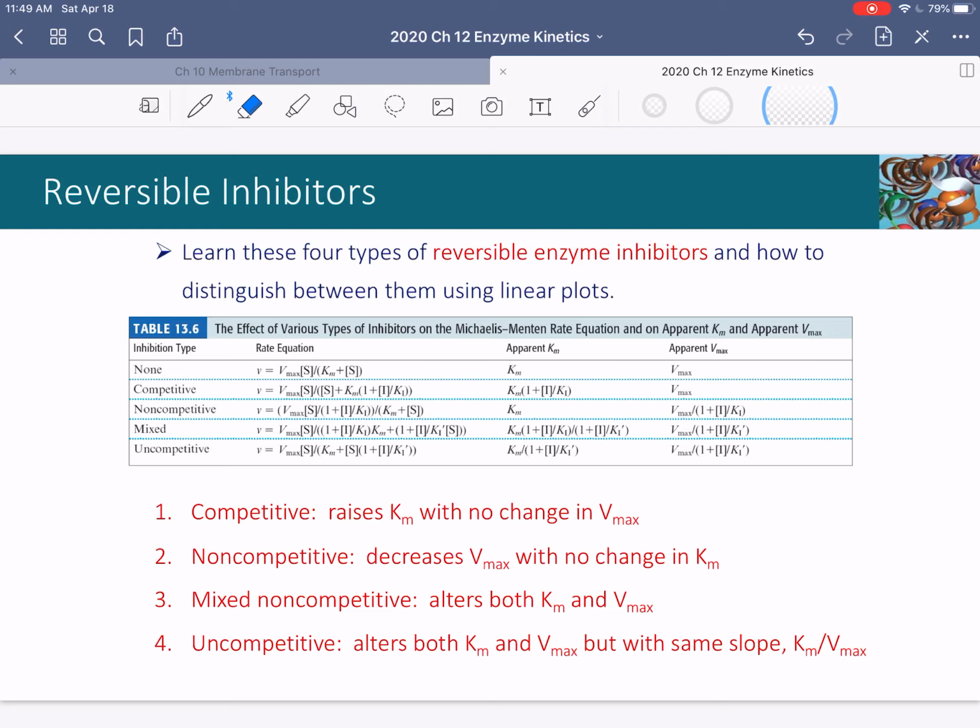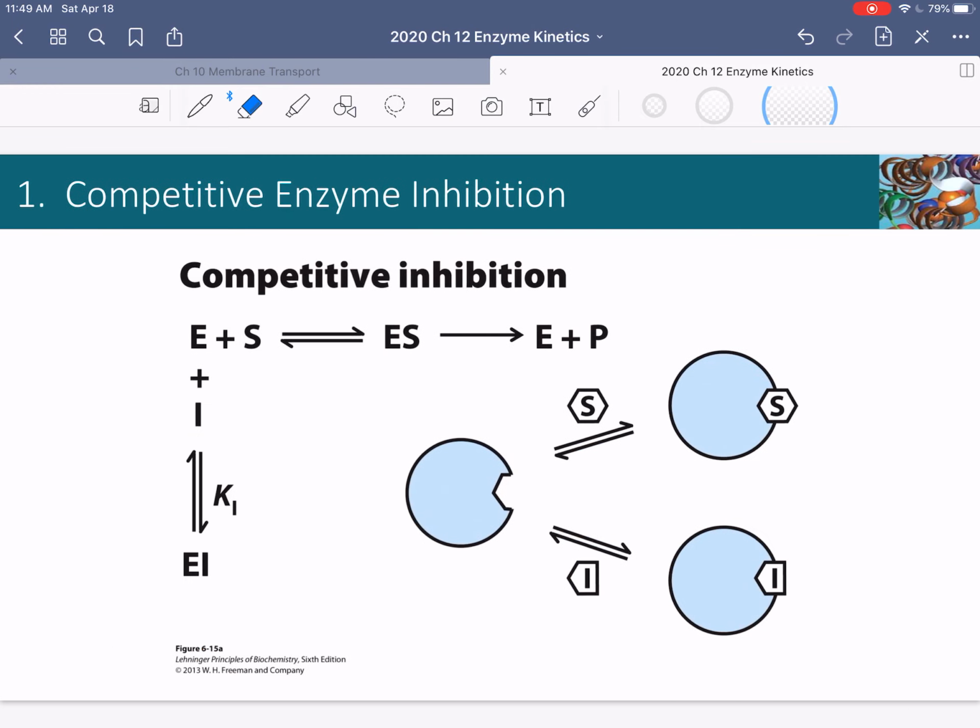Remember, we're going to be talking about reversible enzyme inhibitors. Okay, competitive inhibition is a type of reversible inhibitor that binds to the same site as your substrate. It binds the active site. So what's going on here is your enzyme plus substrate goes to enzyme substrate complex, goes to E plus P, shown horizontally the way you would see it without an inhibitor.